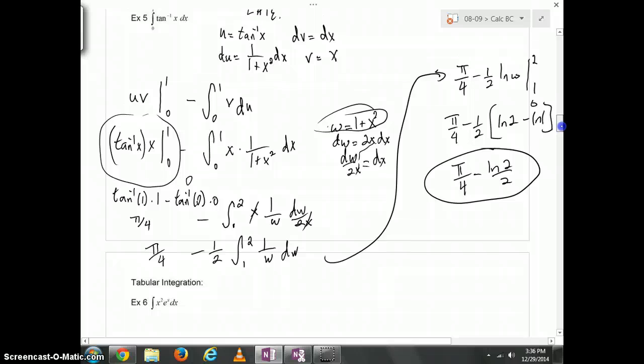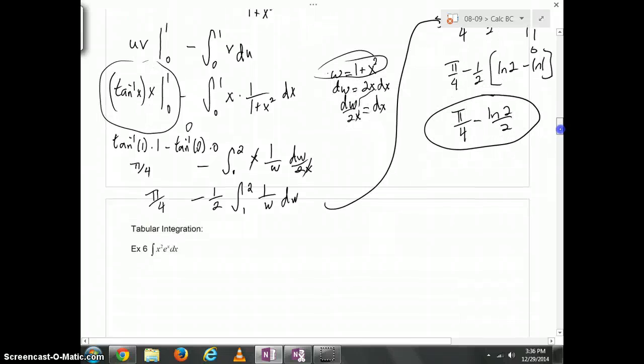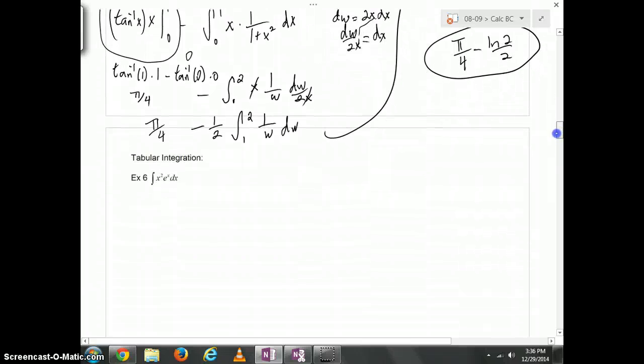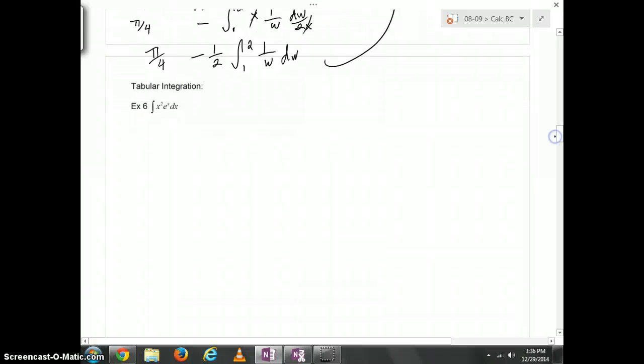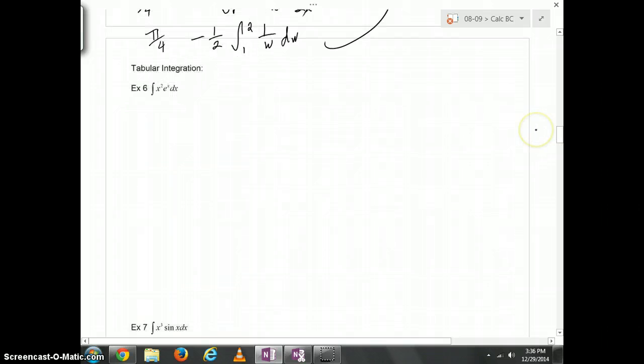What I'd like to leave you with, and we'll see how we're doing with time here, is a wonderful way to deal with integrals, a method known as tabular integration. It's really integration by parts, and it's a wonderful way that we can very quickly apply integration by parts repeatedly.